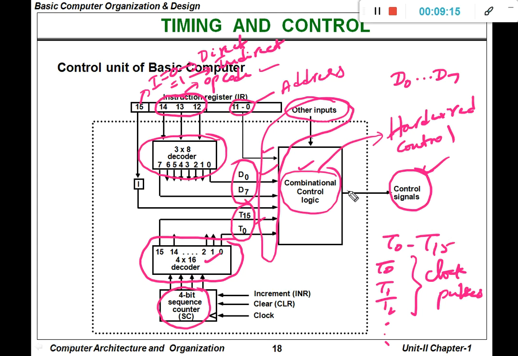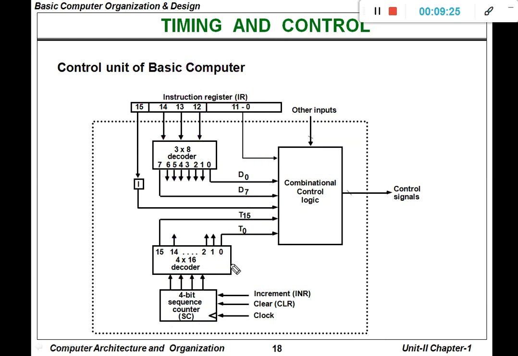This circuit is a timing and control circuit, and here you can see the inputs for the 4-bit sequence counter: increment, clear and clock pulse. The increment operation is going to increment the sequence counter, SC assignment SC plus 1.